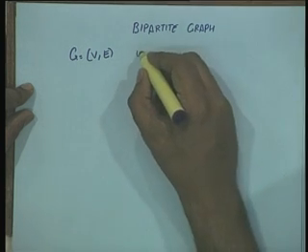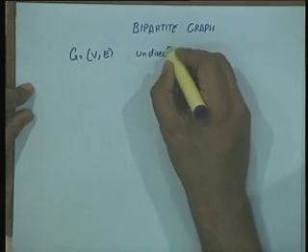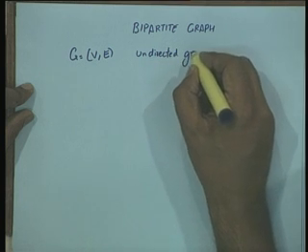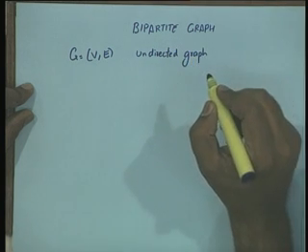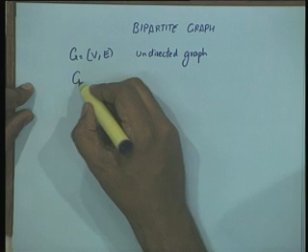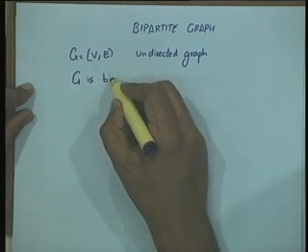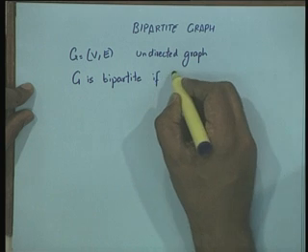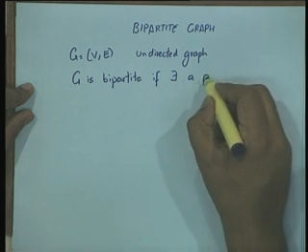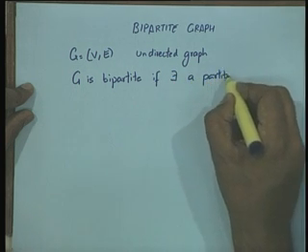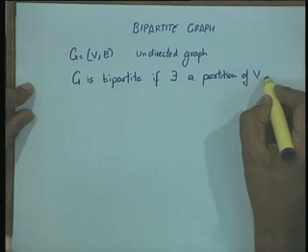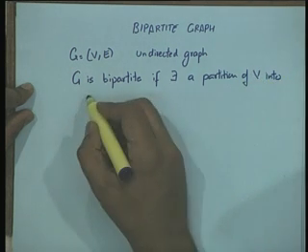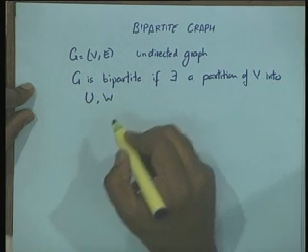We are talking of undirected graphs here. G is a bipartite graph if there exists a partition of V into U comma W.